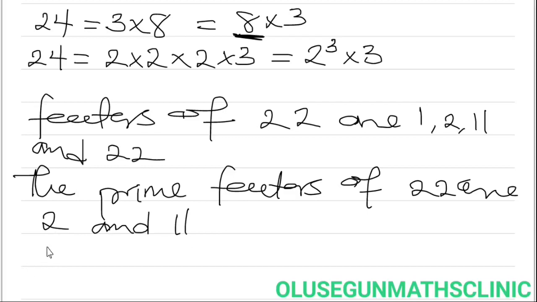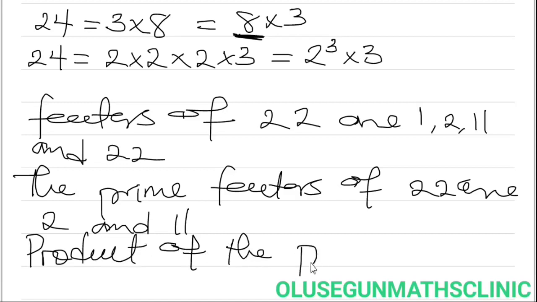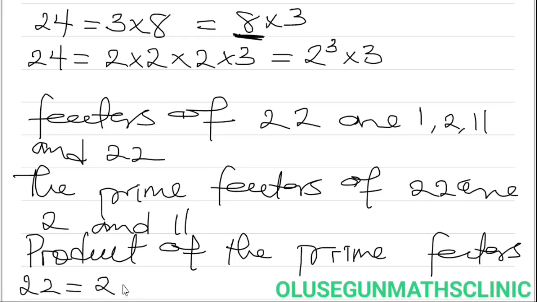So we have three terms. We firstly write the factors. Next we write the prime factors. Then we write the product of the prime factors. These are three things that you need. So for 22, the product of the prime factors is 2 times 11.